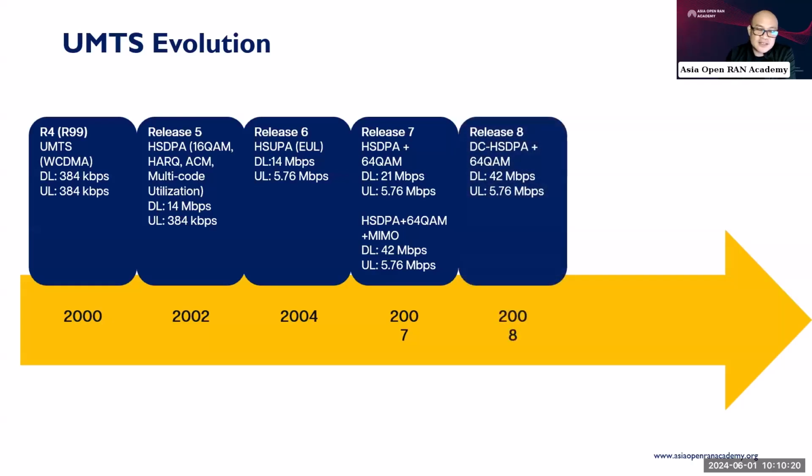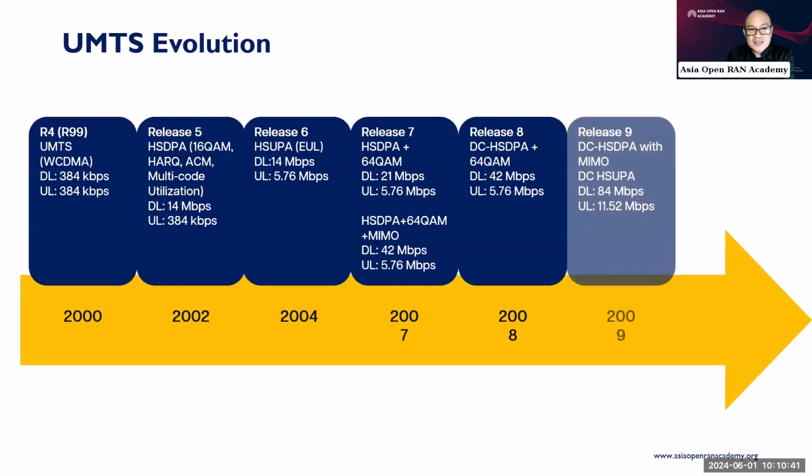Release 8, at the same time, is where LTE was released. Dual carrier HSDPA means you transmit 2 carriers of UMTS with 64 QAM each. That's why the 21 mbps becomes 42.